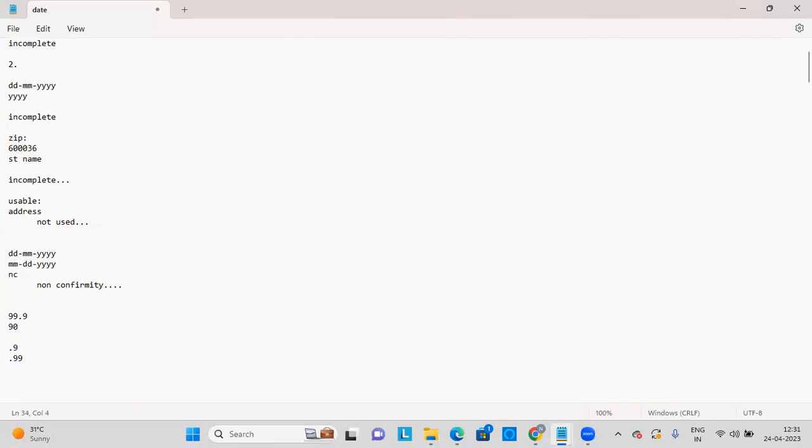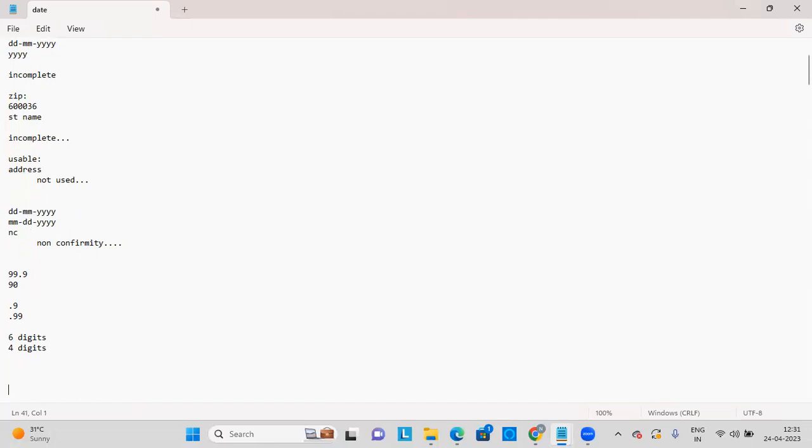So there is a mismatch in expectation. In that case, non-conformity. Not only that, for zip code we expect 6 digits, but we got only 4 digits. In that case also, it's a non-conformity. Right? Yes or no? Likewise, you can extend this to many more examples, right?